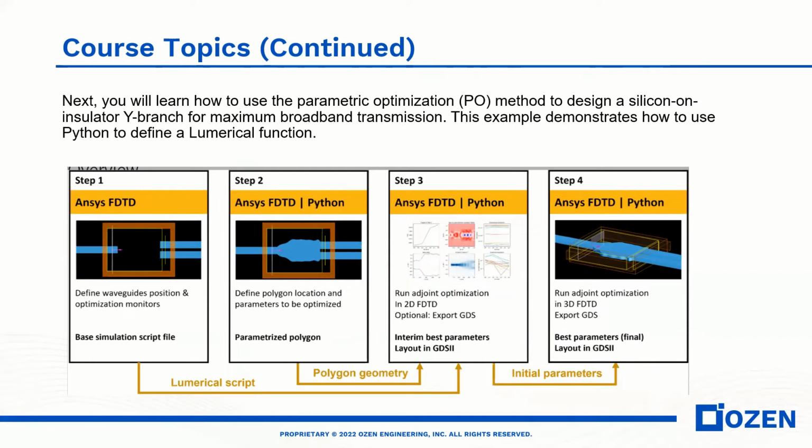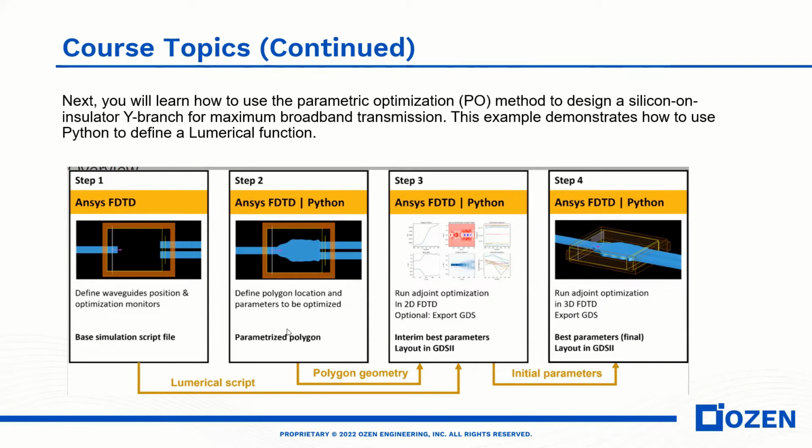Then you will learn how to design a Y branch with the maximum broadband transmission using parametric optimization. The workflow of this design is demonstrated in this picture. For optimization, we will use Python. So we start with Lumerical FDTD. So we use a simulation script file.